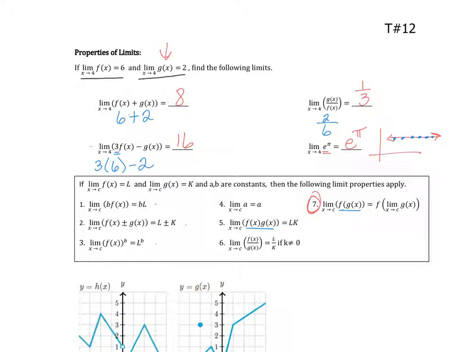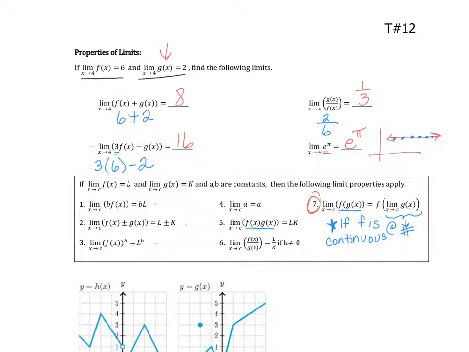I'm going to evaluate f of the limit. I'm going to take the limit as x goes to c of the inner function and then evaluate at the outer. But we need to write, and I didn't want to type it in there, I want you to put a big star right here. This property is only true if f is continuous at whatever this number is.